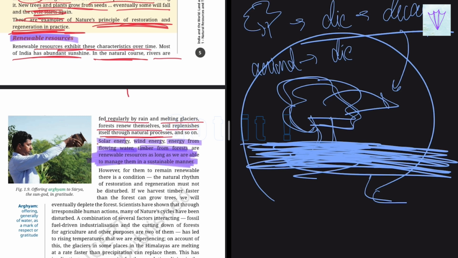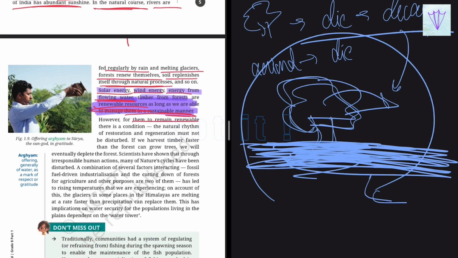So all these, that is solar energy, wind energy, energy from flowing water, all come under renewable resources as long as we are able to manage them in a sustainable way. However, for them to remain renewable, the natural rhythm of restoration and regeneration must not be interfered with. If we harvest timber faster than the forest can grow trees, then we will eventually deplete the forest.